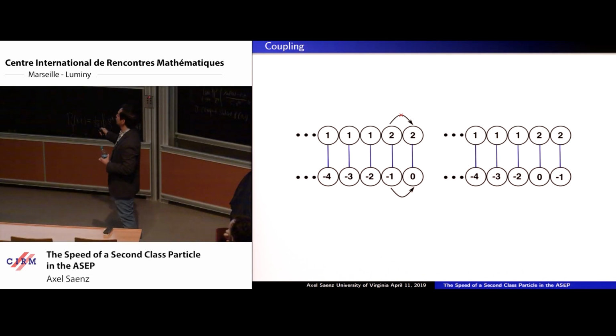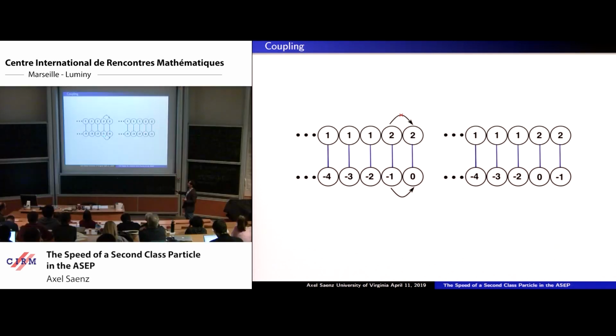Here we see, for instance, that if this clock is activated, in the bottom model this minus one will jump, but this one won't. Whenever that happens, we're going to switch the coupling, and couple this second-class particle with this other particle. Again, we're interested in the last second-class particle.